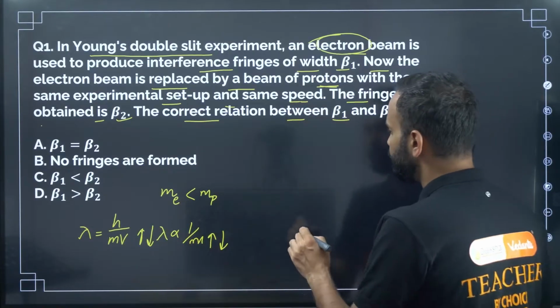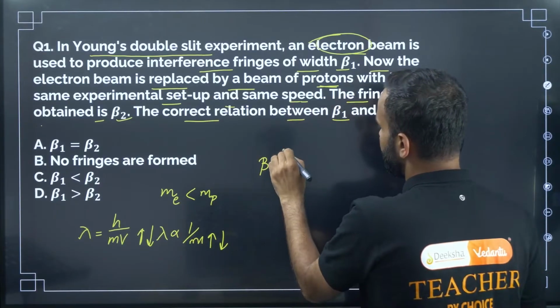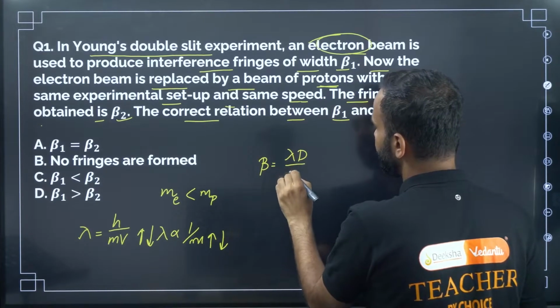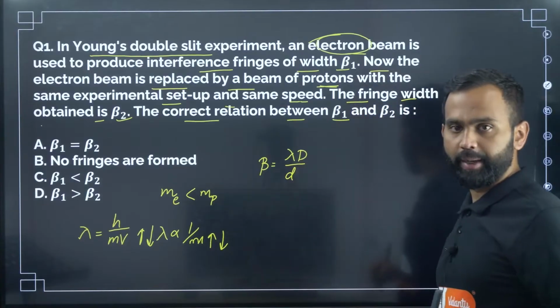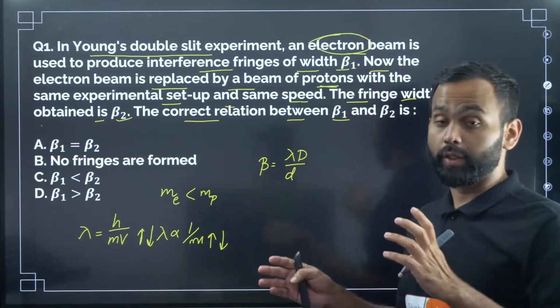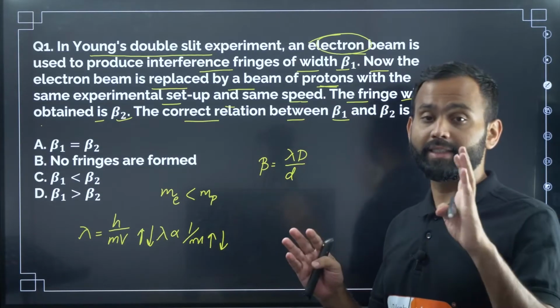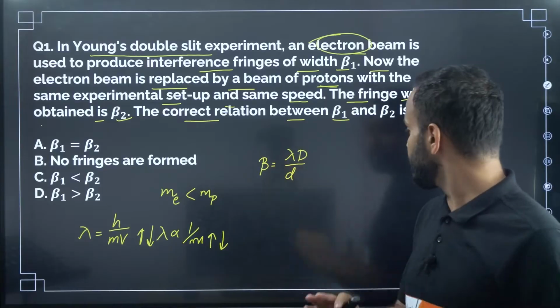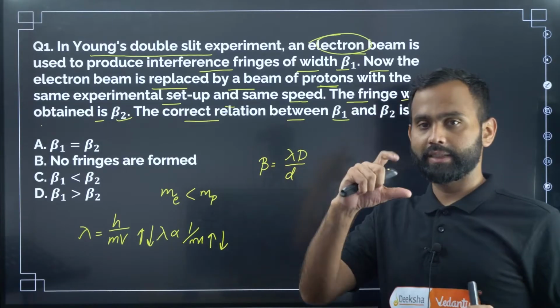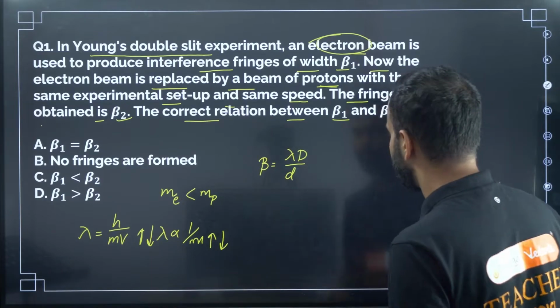We know that fringe width beta is equal to lambda D divided by d. What is capital D? Capital D is distance between the screen and the slits, and small d is slit width.